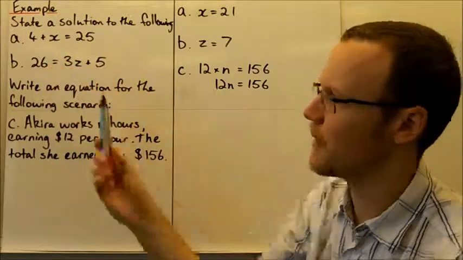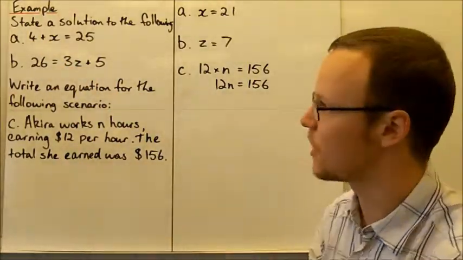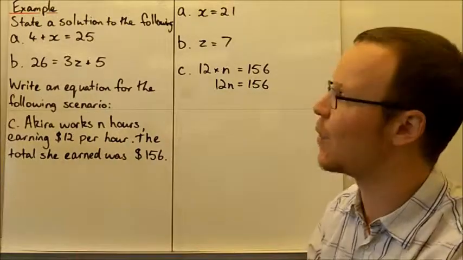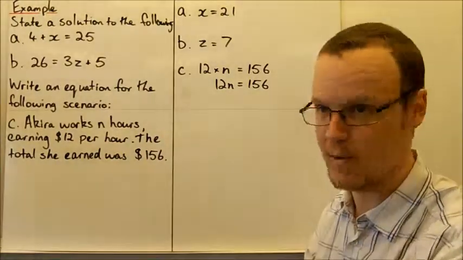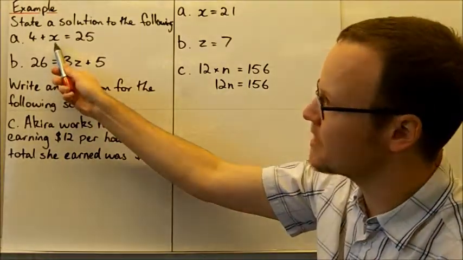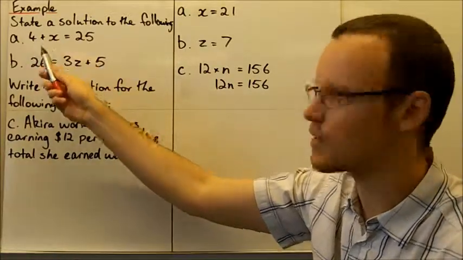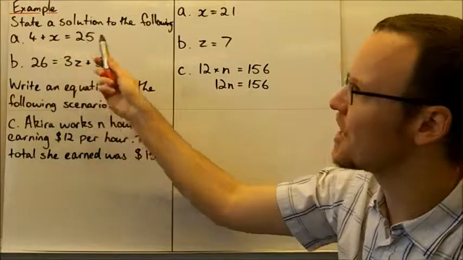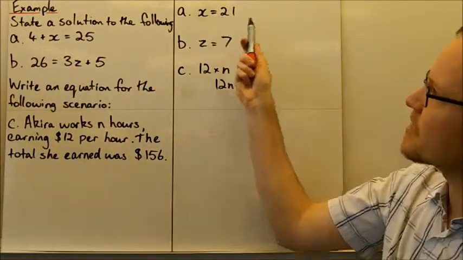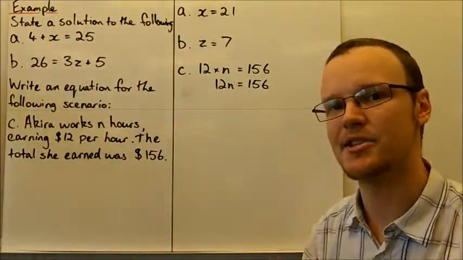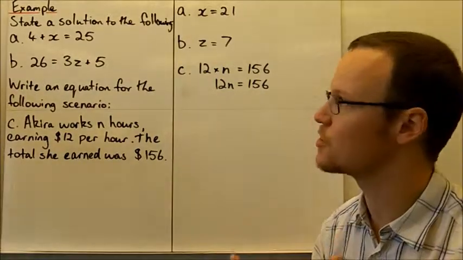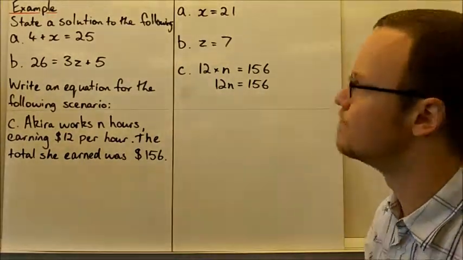We need to make them equal. What number, when added to 4, equals 25? 21. If x is 21, then 21 plus 4 is 25, and 25 is the same as 25 there. So x equals 21 is a solution to this equation, because it makes the statement true.